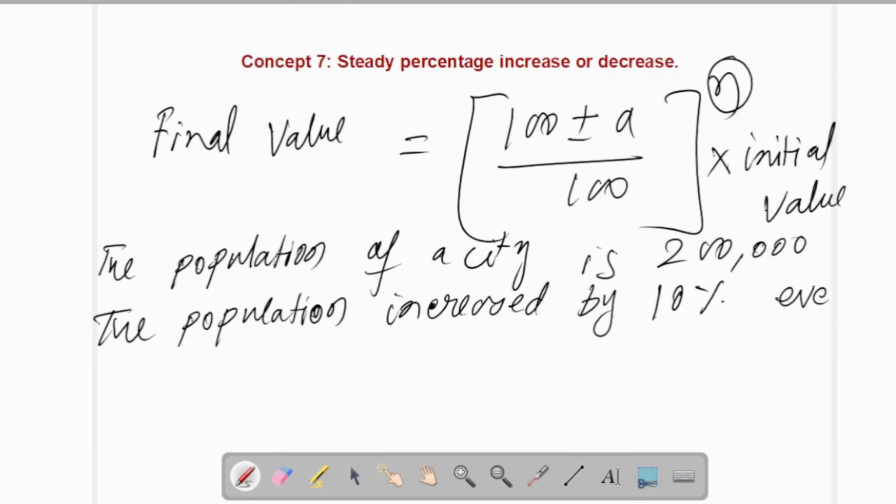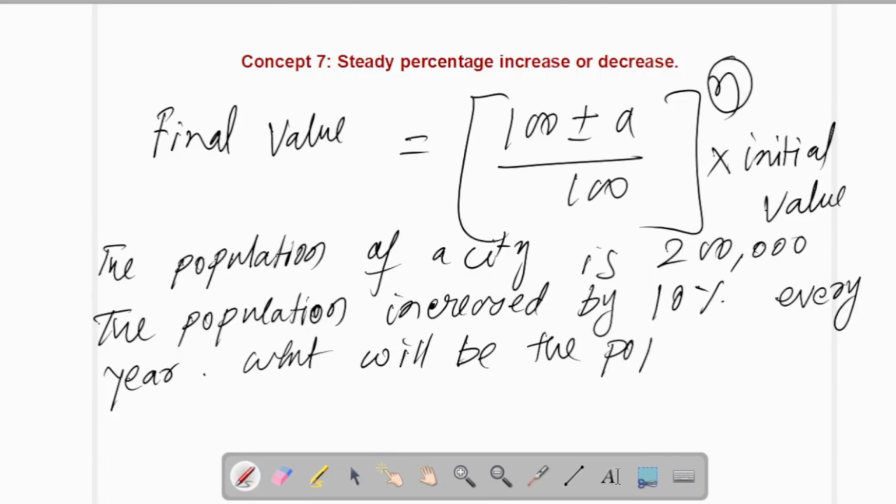Every year the population of that city increases by 10%. Now what will be the population after 3 years?